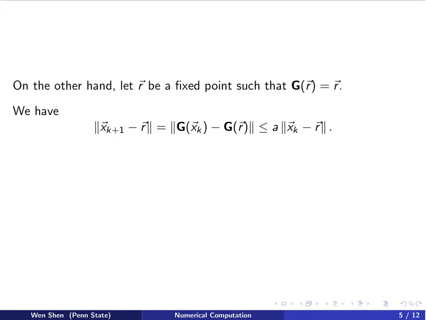This equals g at xk, which is xk plus 1, minus r, which we replace with g of r since that's a fixed point. Then we use the contraction. This distance is less than a times the distance of the two variables sent to g, so xk minus r. We see again this is a recursion relationship.